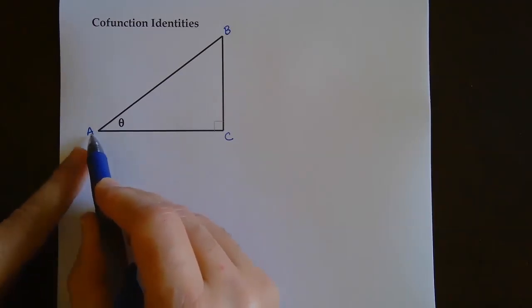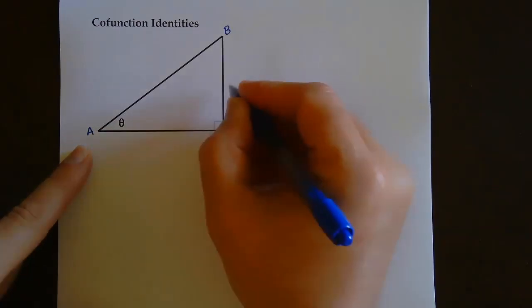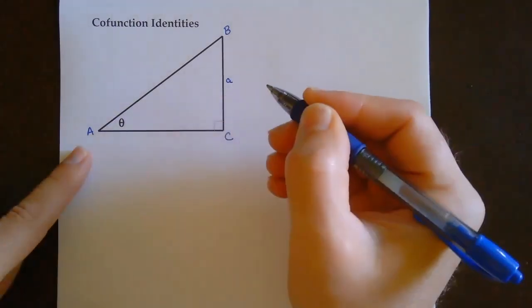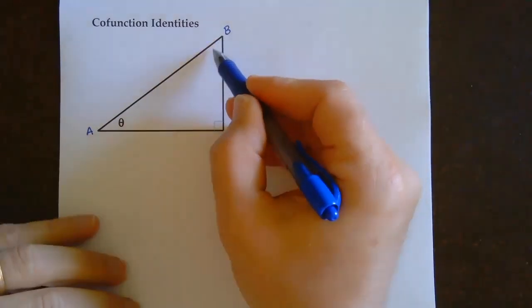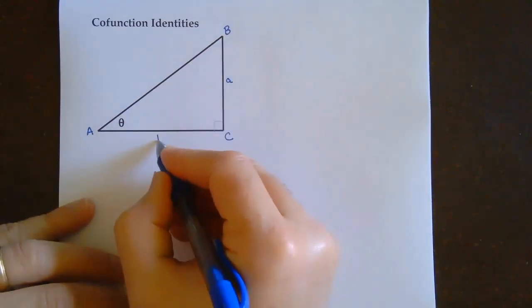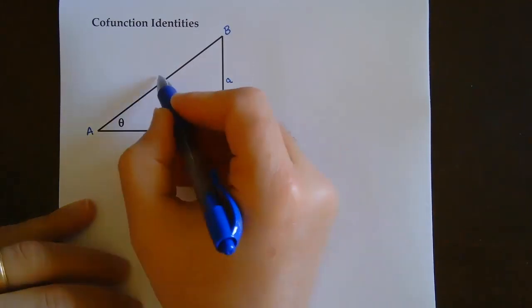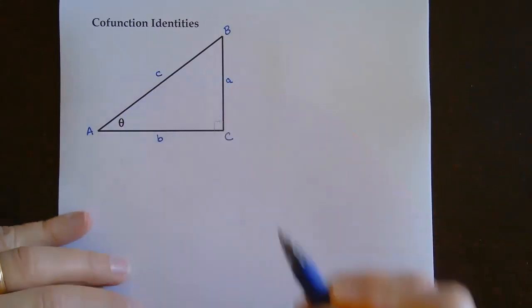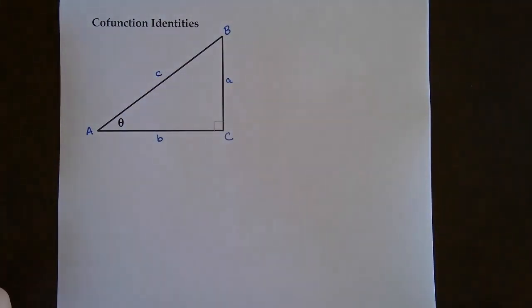So this is A. So the side that's opposite would be this vertical leg right here. We label that one lowercase a, okay? And this point or vertex is B. The side opposite is going to be lowercase b. This vertex or angle is C, okay? Which means this side's going to be lowercase c, okay? All right, we need that for some stuff we're going to do right now, okay?